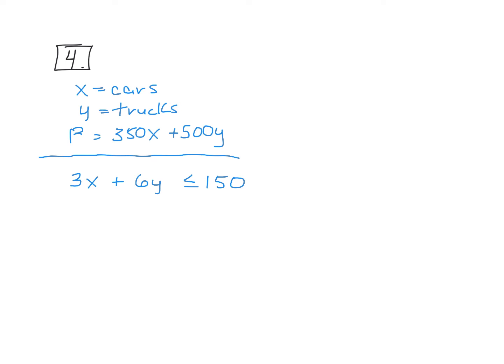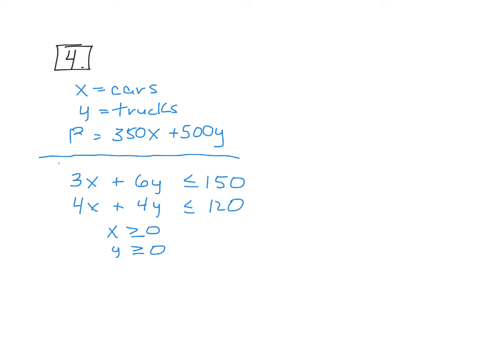And then shop 2 performs finishing operations, 4 person days on each car and on each truck, and that has 120 hours available. And then we have our obvious x has to be greater than or equal to 0 and y has to be greater than or equal to 0.